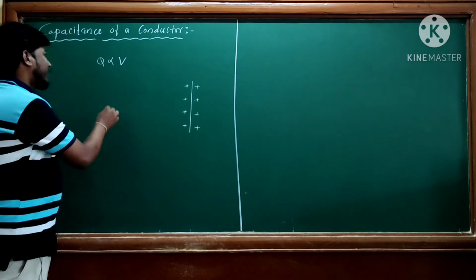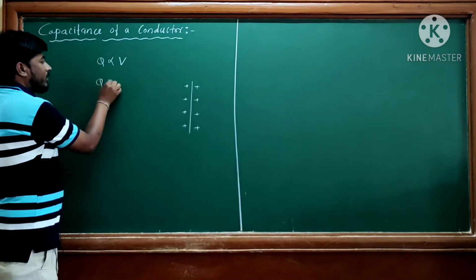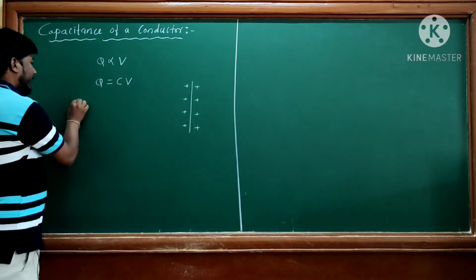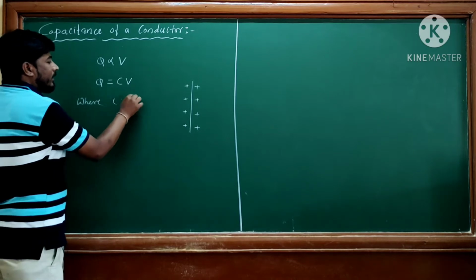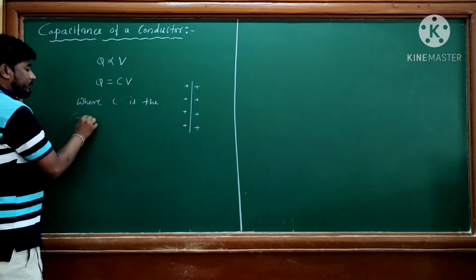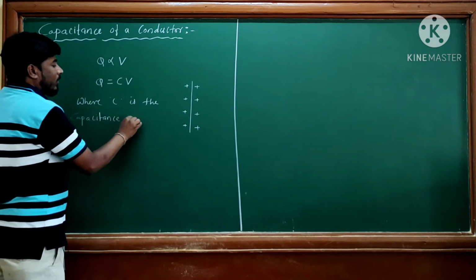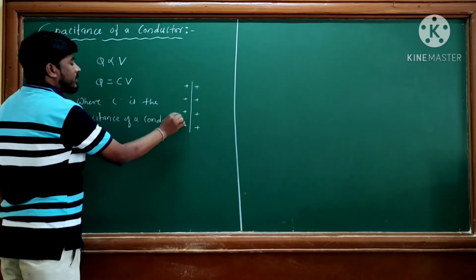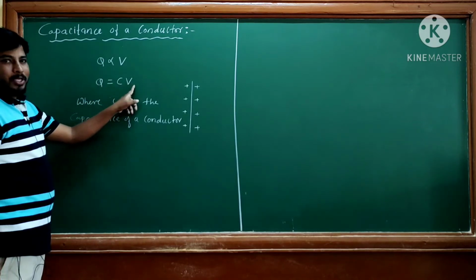So that can be written as Q is equal to C into V, where C is the capacitance of that conductor. C is the capacitance of a conductor. So Q is equal to C into V.